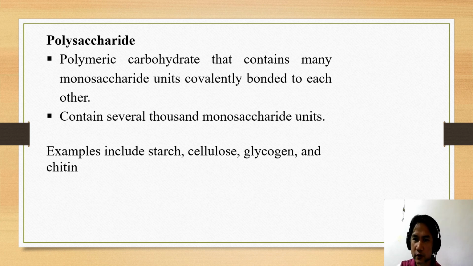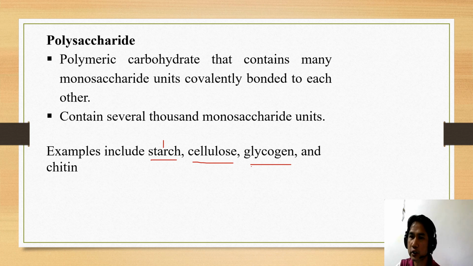So starch is the energy providing molecule produced by plants. So this provides energy. Cellulose, as I said earlier, this provides a structural framework in plants. And glycogen is the energy storage form. So we humans, including animals, store carbohydrates in the form of glycogen.